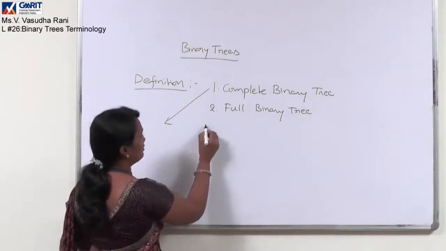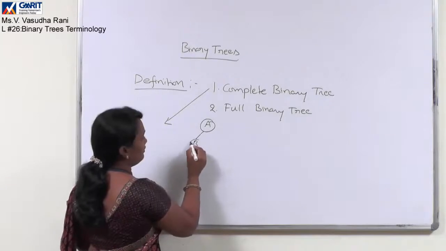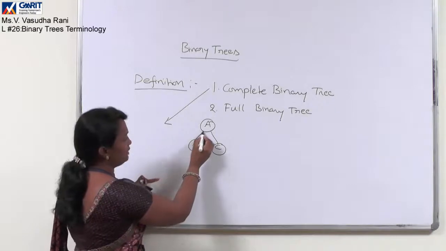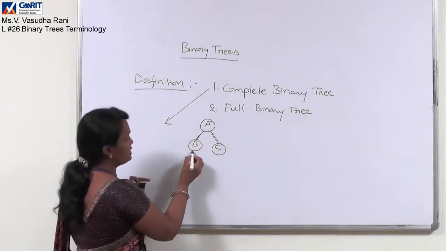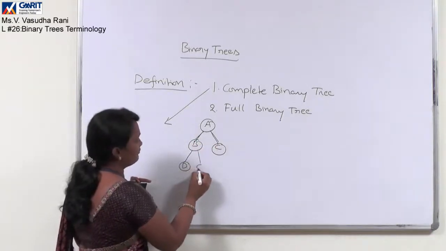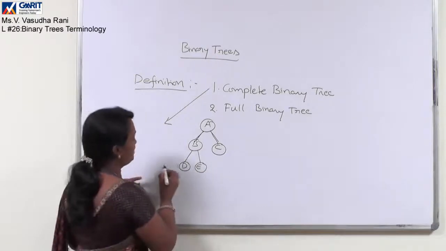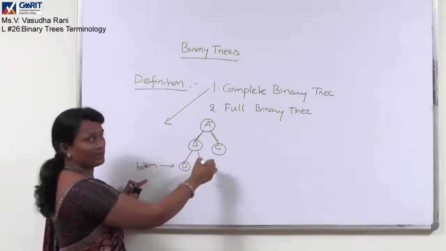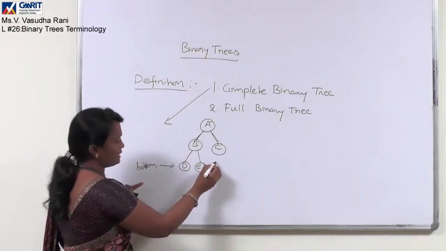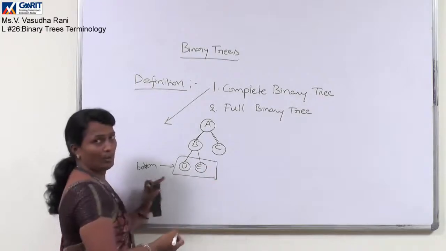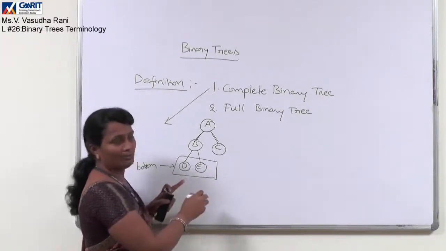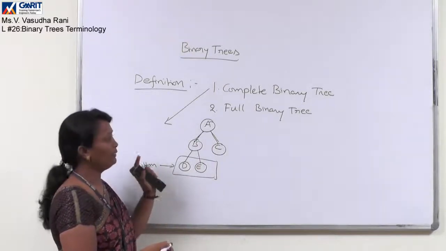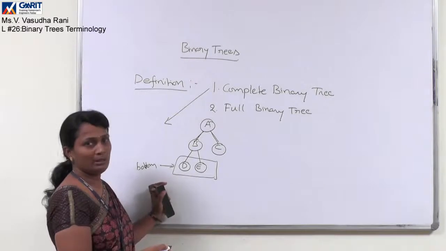So it is like A, we have B, C. At this level, A should have both of its childs and B should have both of its childs. If this is the bottom level for the tree, there is exception with the bottom level. Bottom level may not be filled completely, but all the remaining levels should be filled completely.